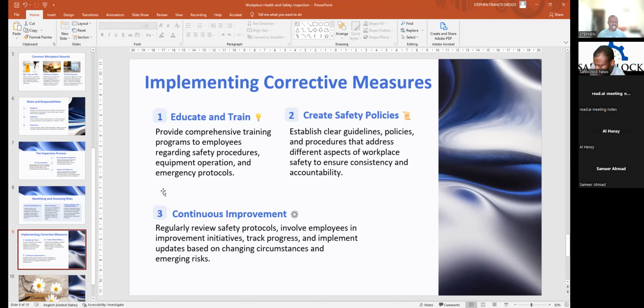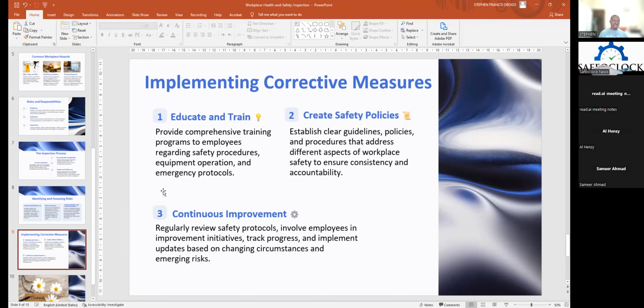So there should be room for continuous improvement, because as things change, risks emerge. You understand? Some risks will be eliminated completely, some will be introduced into the system. So all this, we have to look into as professionals and have this knowledge to help us make decisions and contributions.